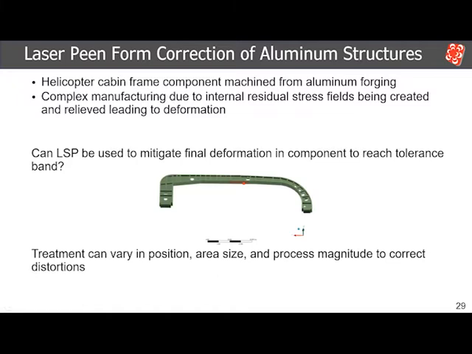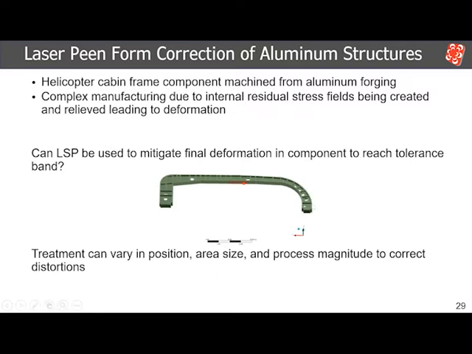So the next example I wanted to run through is a frame component for a helicopter. Similar to other manufacturing, this is machined out of a very large aluminum forging, so there's a lot of natural residual stresses present inside of this component. As you machine pockets inside of this frame, you are releasing previous residual stresses.